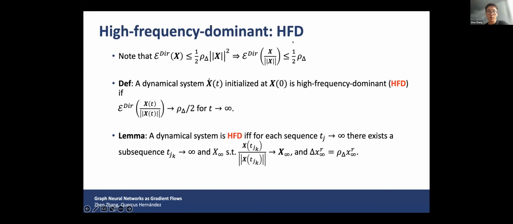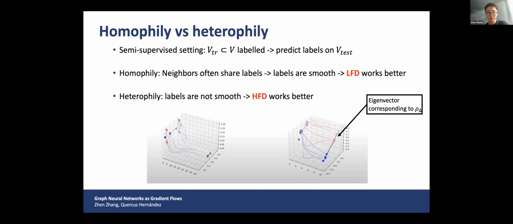And similarly, they propose the so-called high frequency dominant dynamics, where they define a dynamical system to be high frequency dominant if the Dirichlet energy of the normalized node feature converges to half of the spectral radius of the Laplacian operator. And they also show that if a dynamical system is high frequency dominant, then it converges to the eigenvector associated with the largest eigenvalue of the Laplacian operator.